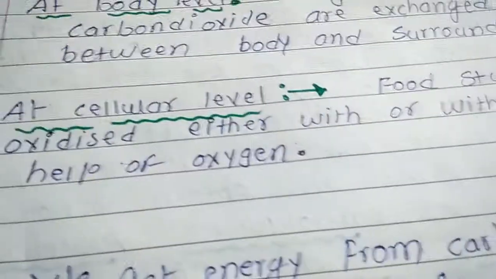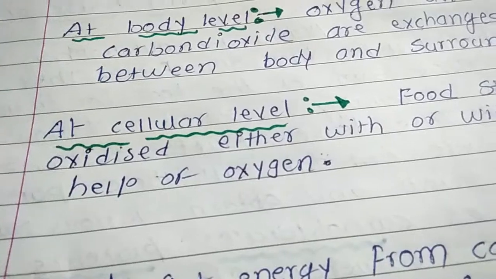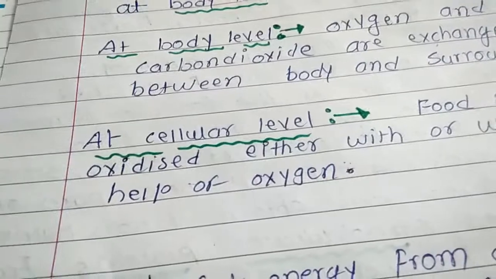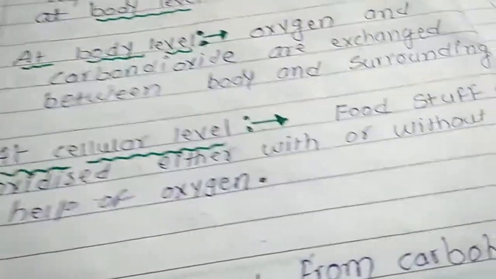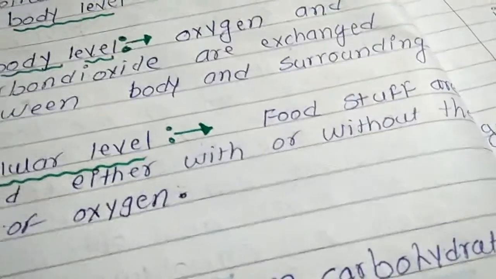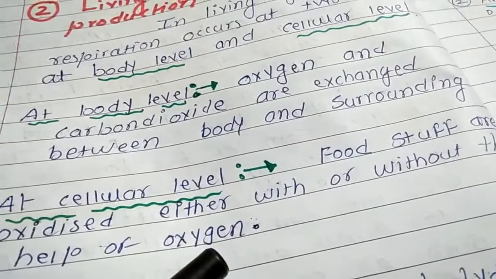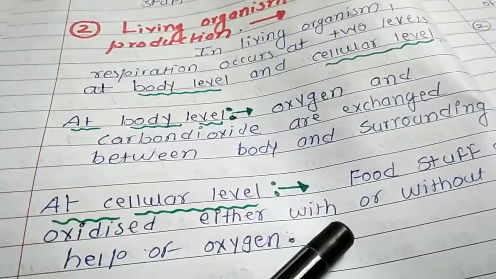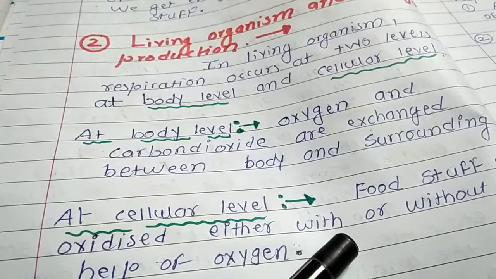Foodstuff is oxidized either with or without the help of oxygen. We take in foodstuff, and it is oxidized in our body. But how? If the foodstuff is oxidized with the help of oxygen, it is called aerobic respiration.